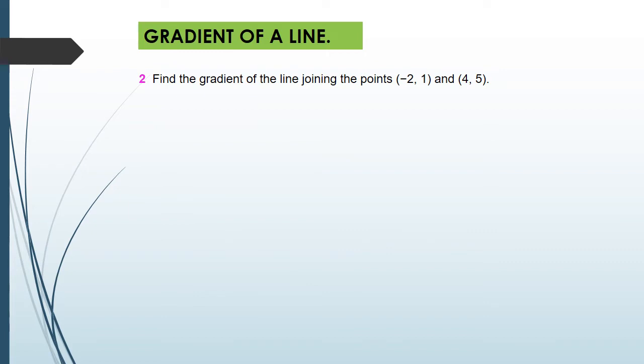Let's try another example. This time around, the points are (minus 2, 1) and (4, 5). We apply the same formula, m equals y2 minus y1 over x2 minus x1. We have to identify our terms. x1 is minus 2, y1 is 1, x2 is 4, and y2 is 5.